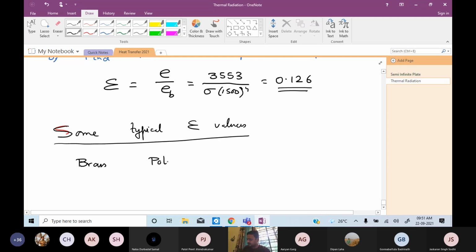So depending on whether the surface is polished or rough or oxidized, your values are going to be different. Polished surface will have more reflectivity and lower emissivity. Oxidized, higher emissivity. Similarly, copper, steel, have comparable values.